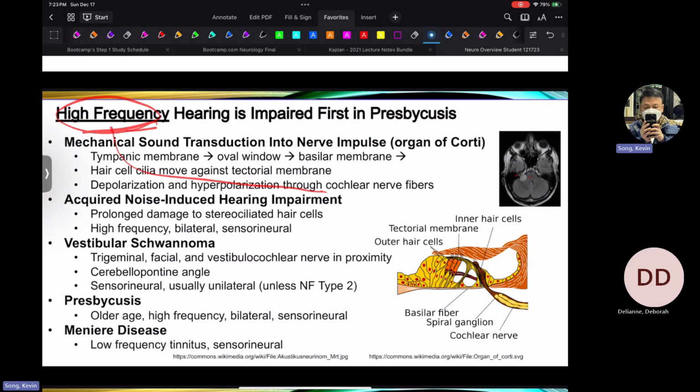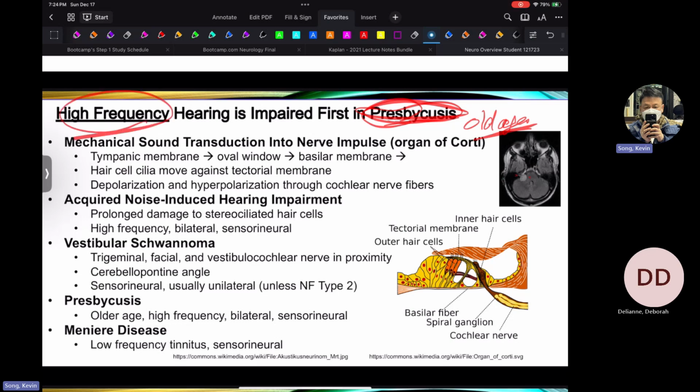As you get older, you cannot hear very well. My mom has hearing loss called presbycusis, basically old age hearing loss, which starts with high frequency.